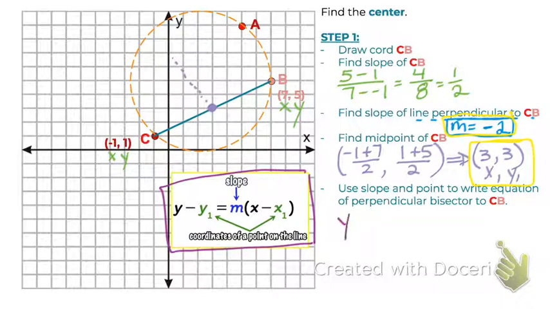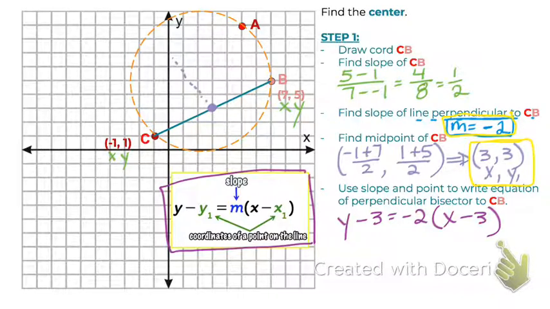So I start off with y, I'm going to subtract my y coordinate on my line, equals, and then it's the slope, parentheses, x minus my x coordinate. And that's it. That is the equation for our perpendicular bisector.